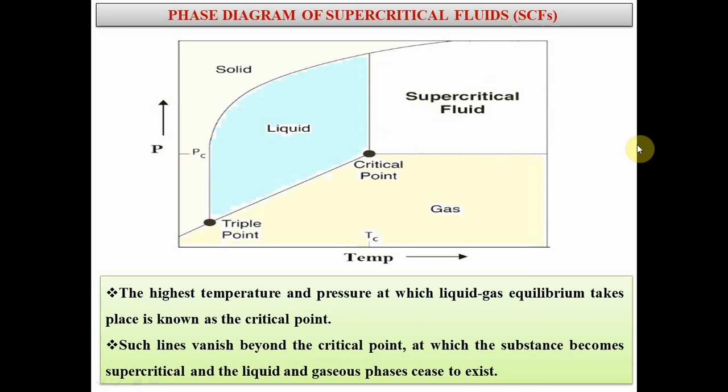It is better understood with the help of a phase diagram. This is the pressure, increasing pressure, this is the temperature, and this is the critical point. The highest temperature and pressure at which liquid-gas equilibrium takes place is known as the critical point.